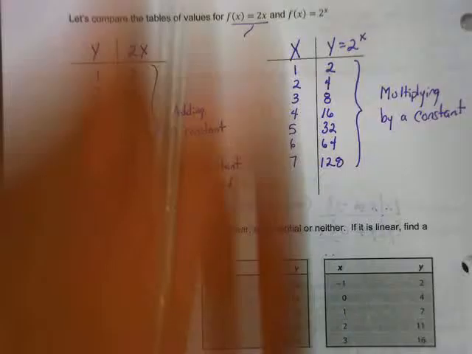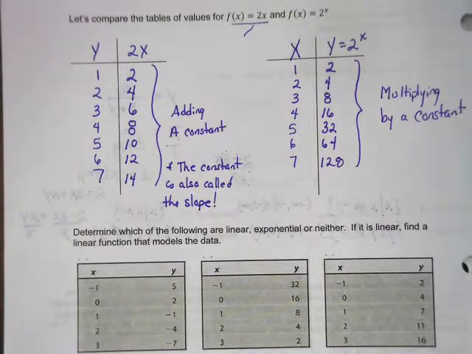And that constant we're going to look at later is what's called a factor, either a decay factor or a growth factor. So that's the big difference between linear and exponential. Linear you add, exponential you multiply. We doing okay so far?